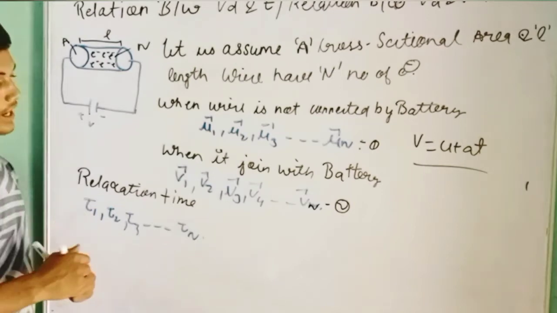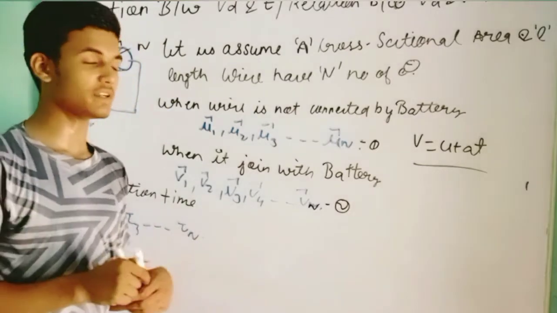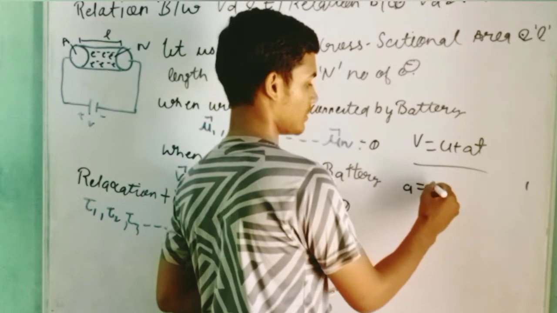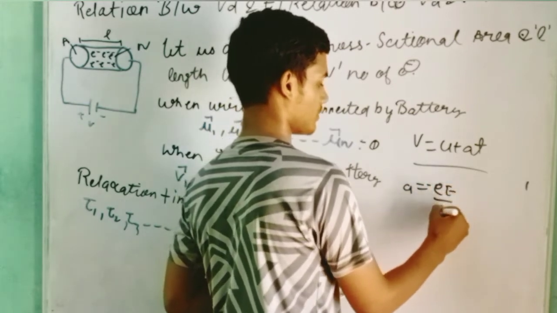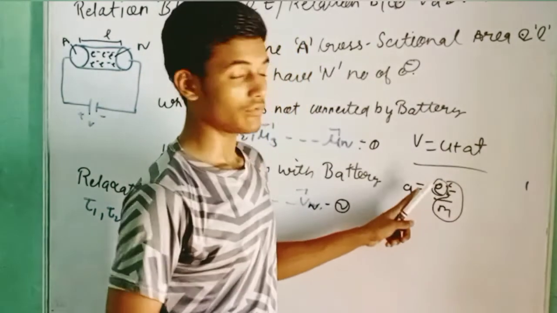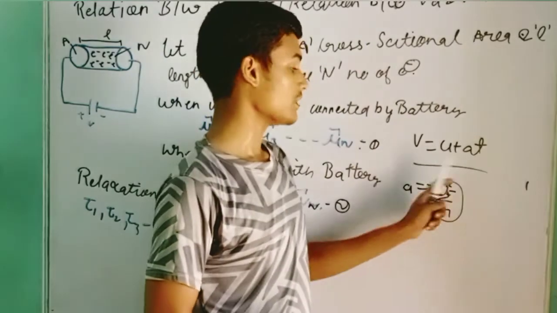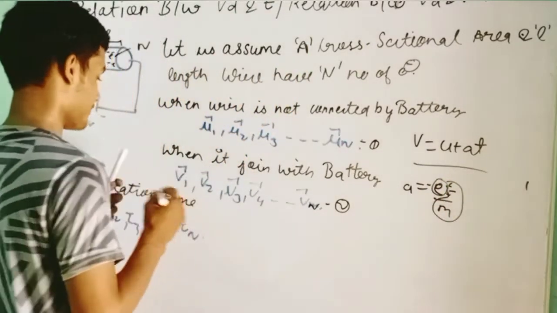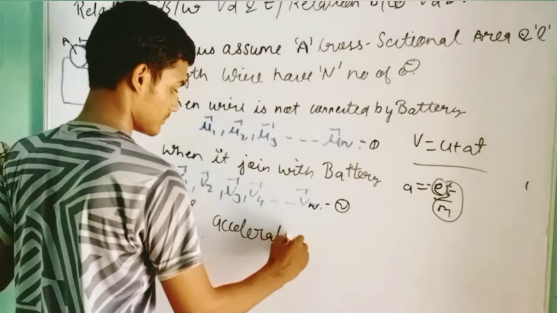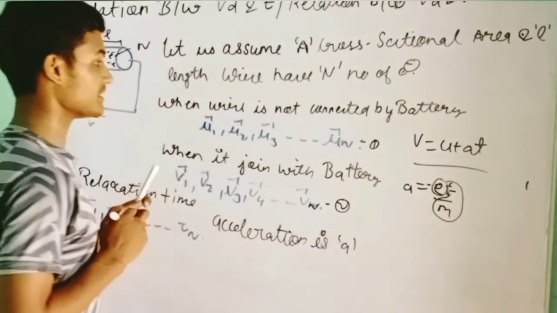And a is constant for all the electrons because a is equal to eE upon m. Here e is the charge of the electron, m is the mass of the electron, and E the electric field is uniform, so those are constant, then a is constant.